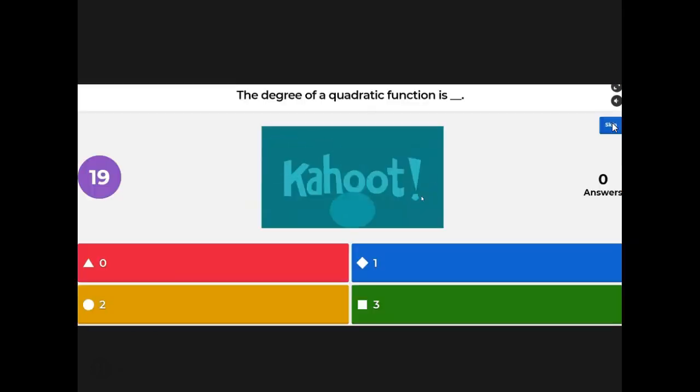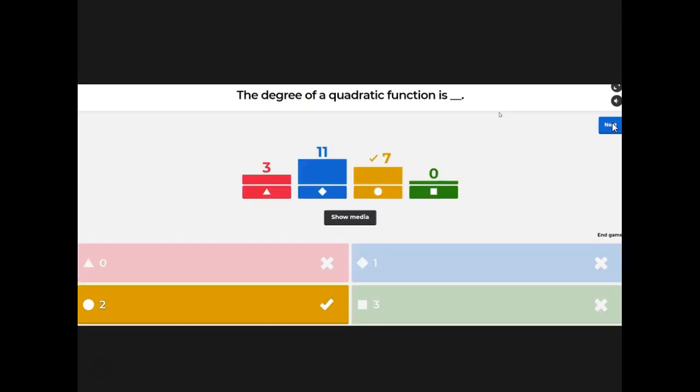The degree of a quadratic function is what? A quadratic, this is kind of sad, guys.